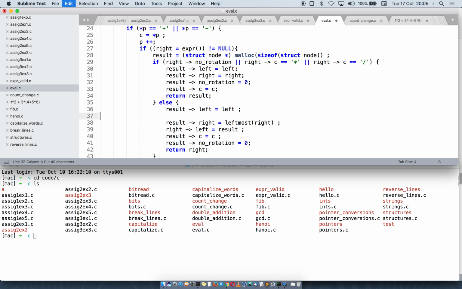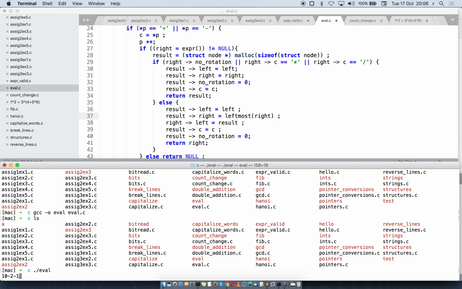So I can't remember which one didn't work. Did this one work? No, it didn't, right? I don't want to crash the terminal again.